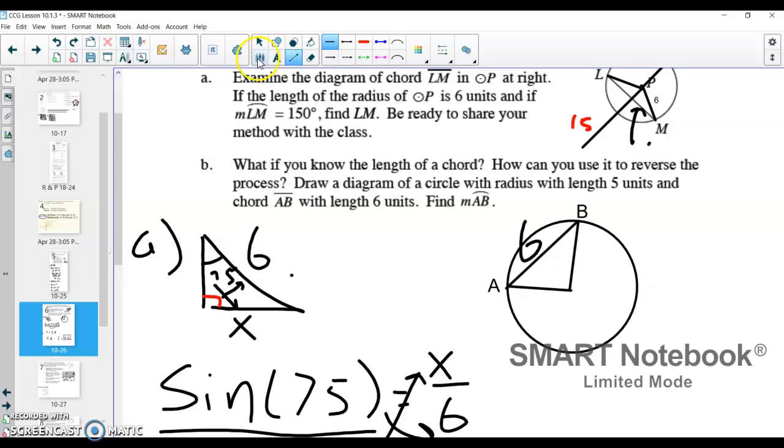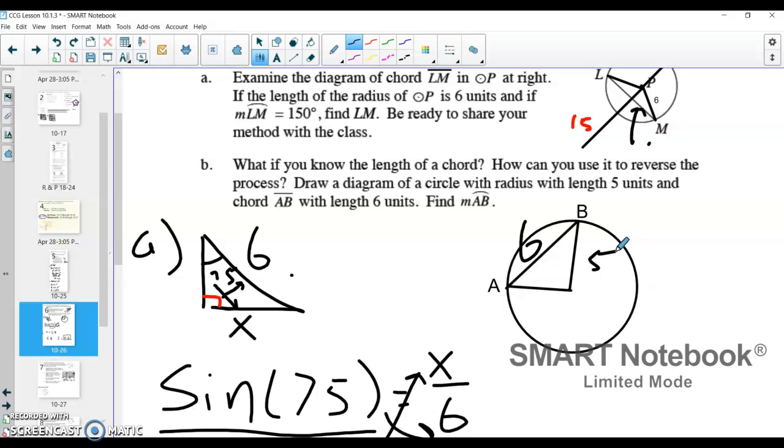We'll have the radius length of 5. And what we want to know is the measure of that arc AB, or we could find the measure of that central angle because we know that they're going to be the same thing.